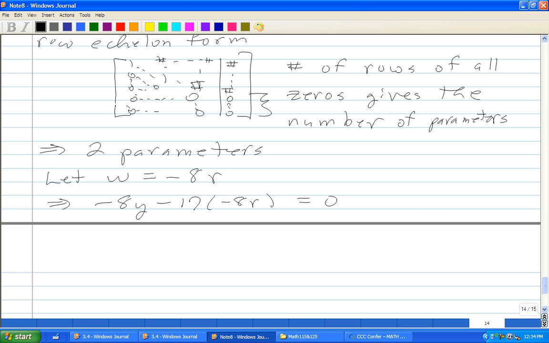Let me solve here for y. And so I can divide actually by negative 8. And so negative 8y minus and minus is a plus 8 times 17, 136r. And so let me subtract 136r on both sides of my equation.